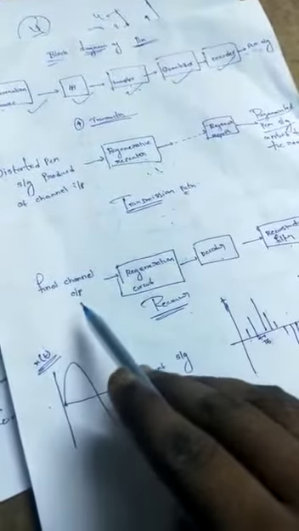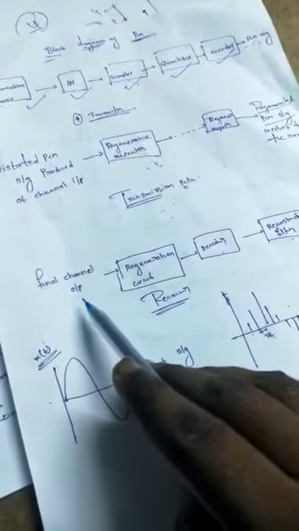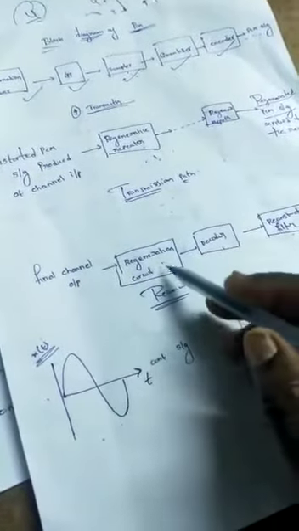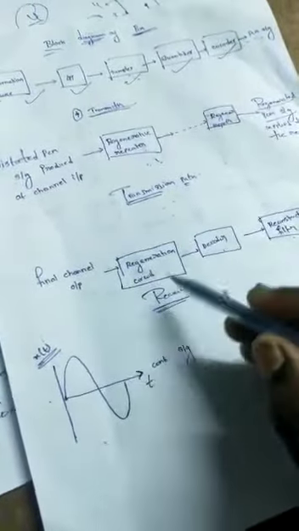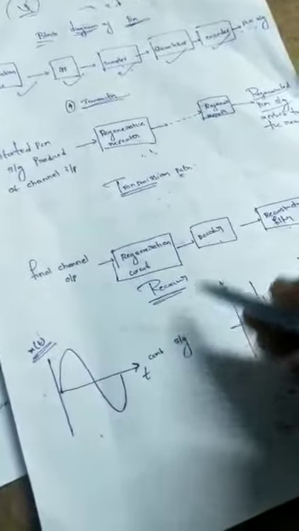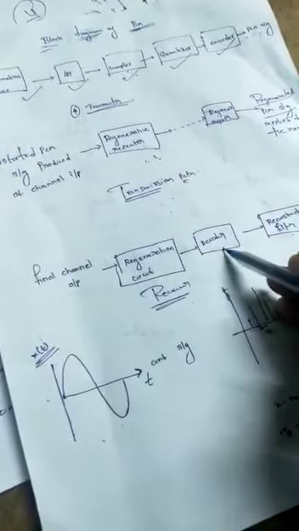After the regenerative repeaters, a clean PCM is received and applied to the receiver circuit. In the receiver circuit, again the regeneration circuit is there. Here the signal is again amplified, and then comes the decoder process.